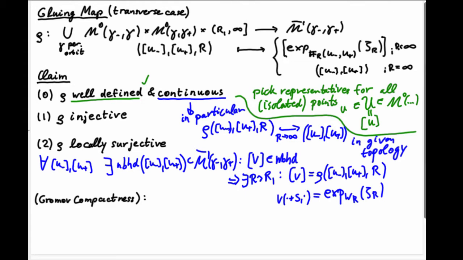Of course, we used Gromov compactness to define the topology in which all of this made sense. But let's say that the gluing map is here.